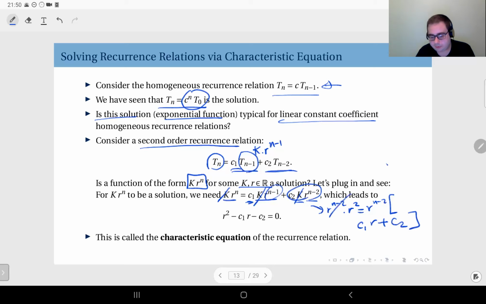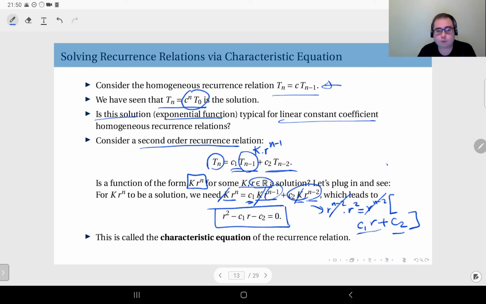And I cancel these out because, well, I'm looking for some r value here as a real number. As long as it's not 0, I can cancel them out. And what is left here is r squared minus C1r minus C2 equals 0.